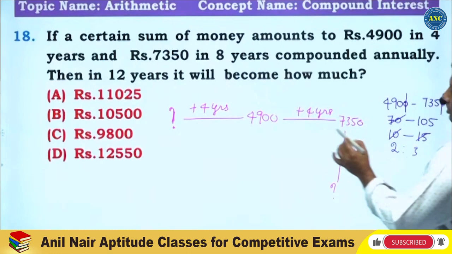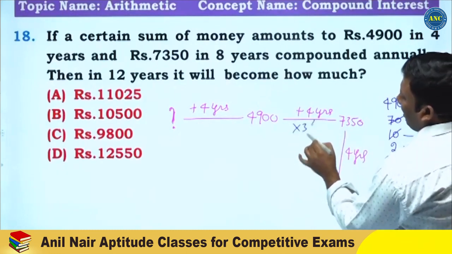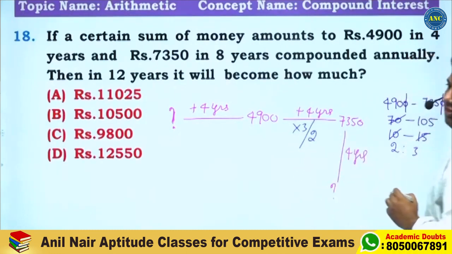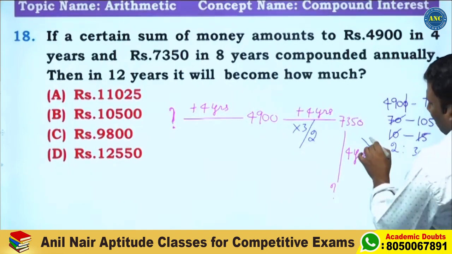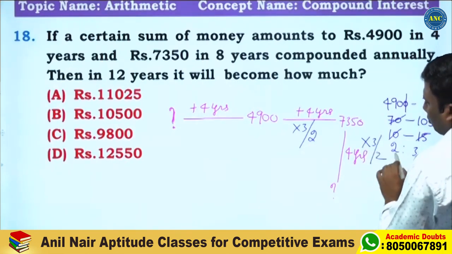It is 2:3. That means the scaling factor is into 3 by 2, 3 by 2 for every 4 years. Here also it will become into 3 by 2.